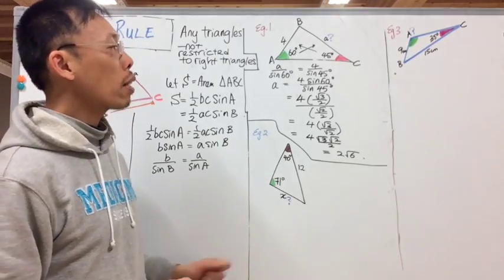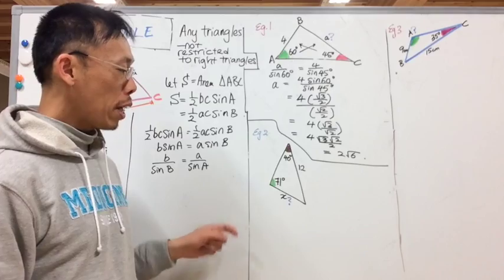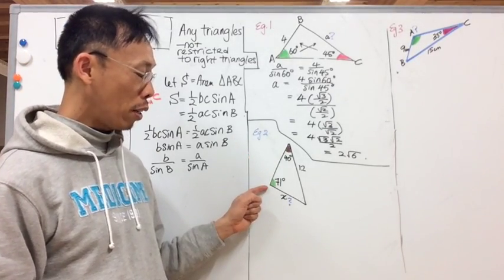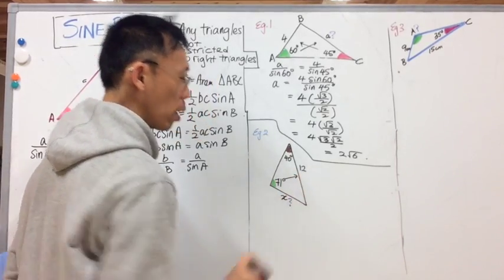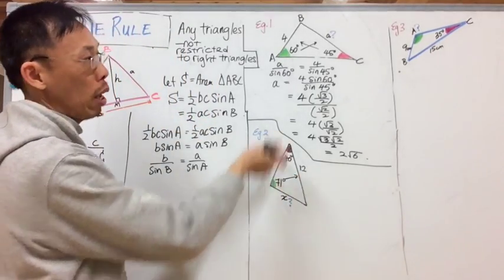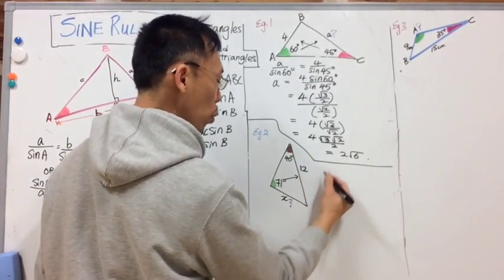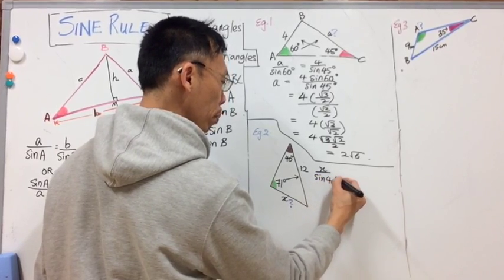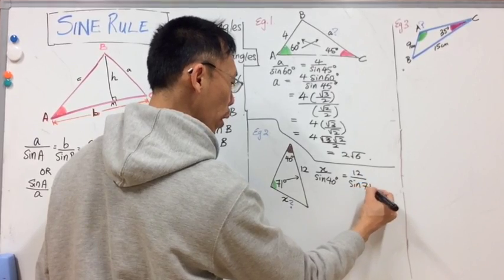Now let's apply this rule for example number 2. Here I also know two angles, 40 degrees and 71 degrees, and one of the sides is known. Let's redo this. X over sine 40 degrees is equal to 12 over sine 71 degrees.